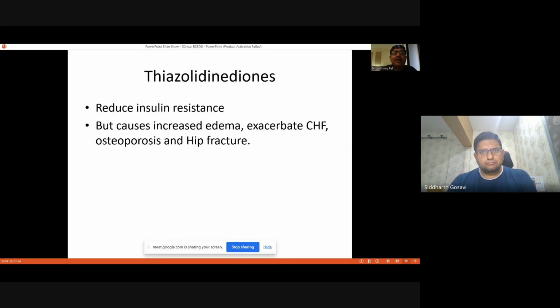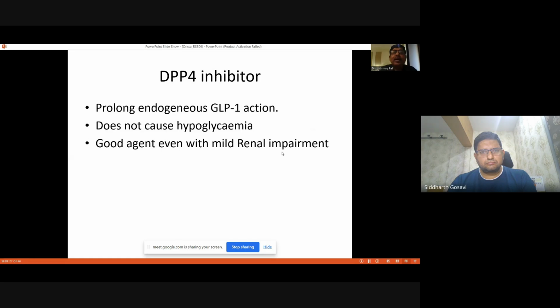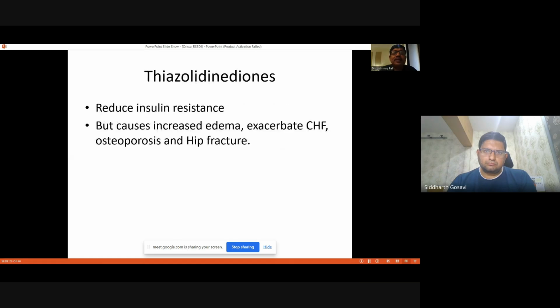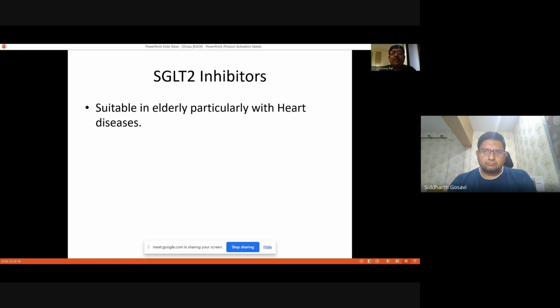There is another drug, that is glitazone. The problem with glitazone is that it increases edema, exacerbates heart failure, and increases osteoporosis and hip fracture. That is why glitazone is not considered an ideal drug, though it reduces insulin resistance. Then GLP-1 and SGLT2 inhibitors.